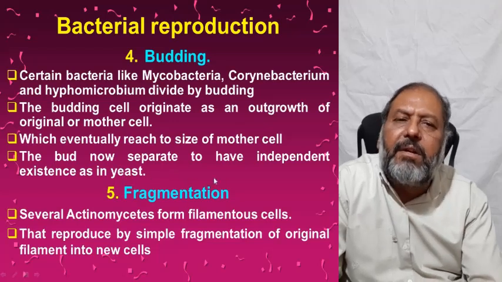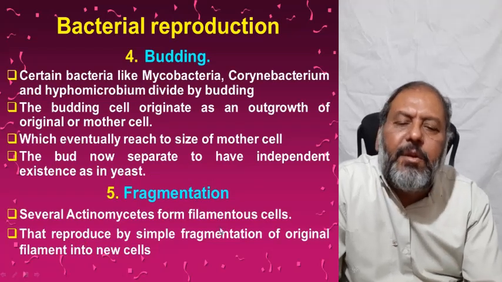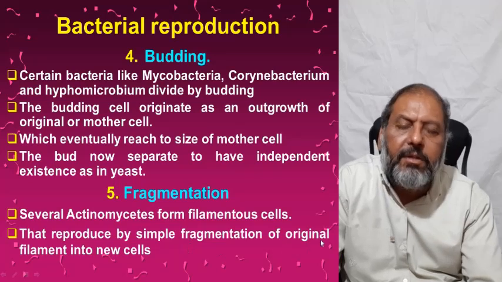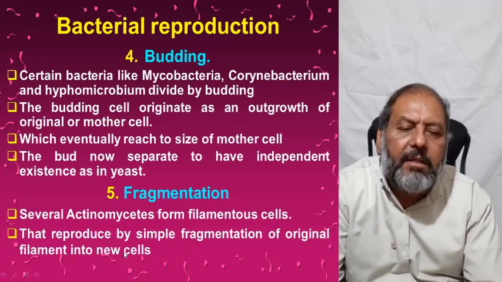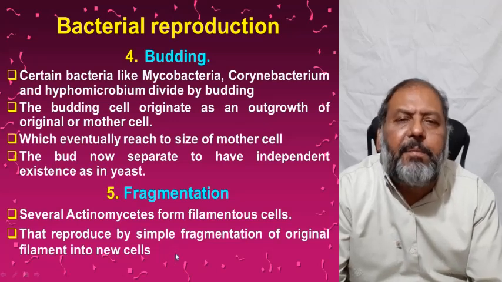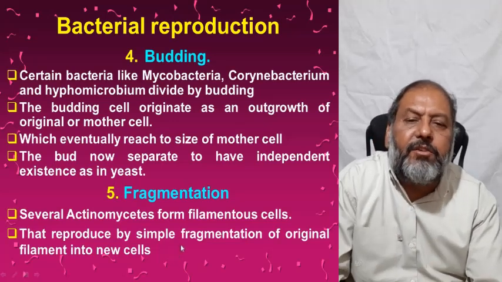Fragmentation: several actinomyces form filamentous cells. These reproduce by simple fragmentation of the original filaments into new cells. So the process in which a fragment is capable of producing a new cell is called fragmentation.